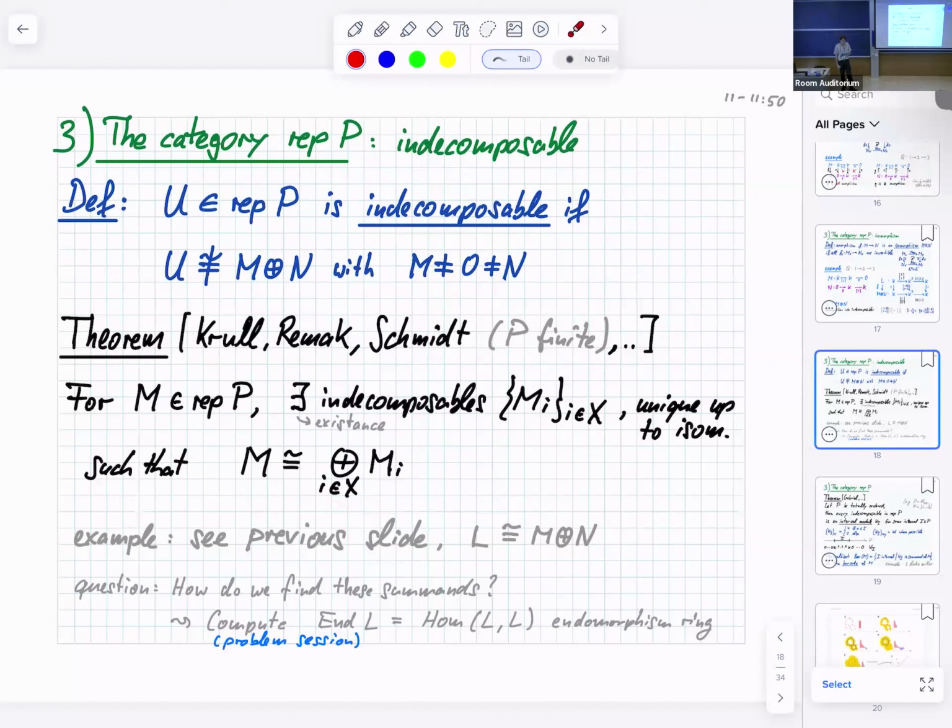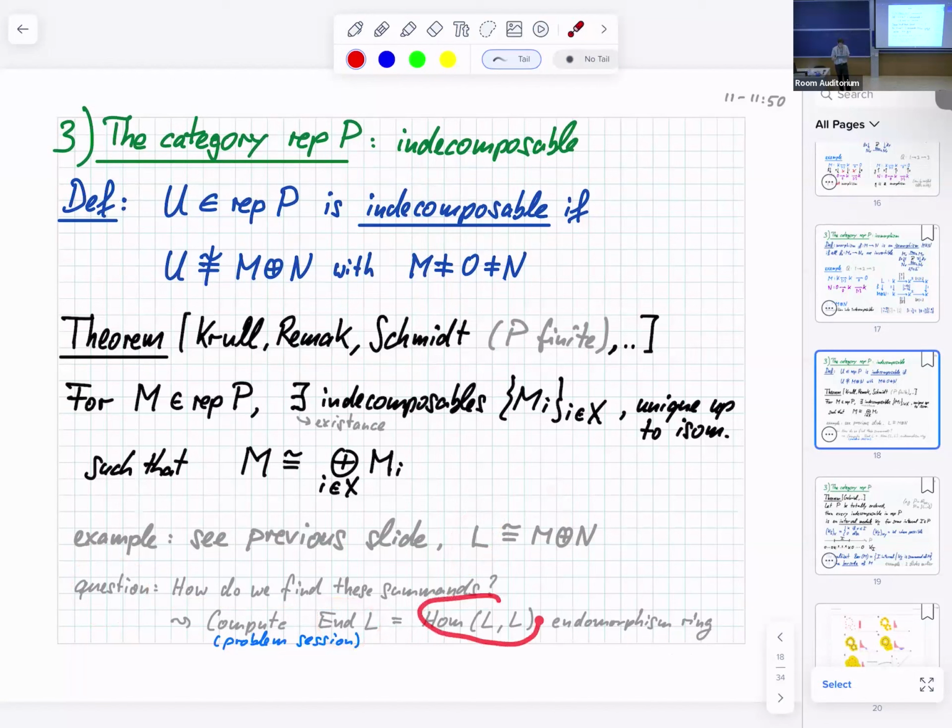And I would say, if I ask myself the question, how do we find those summands in the first place? If I'm just given L and I do not know these two, how do I find the possible summands? Then the main message is that morphisms are important in the category. Instead of looking at my module L, I would look at what is called the endomorphism ring.